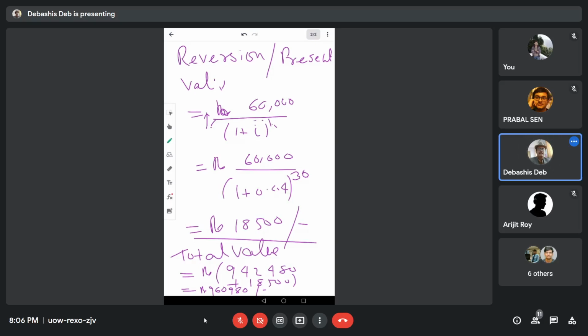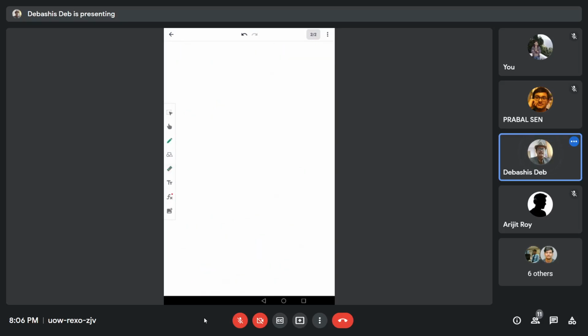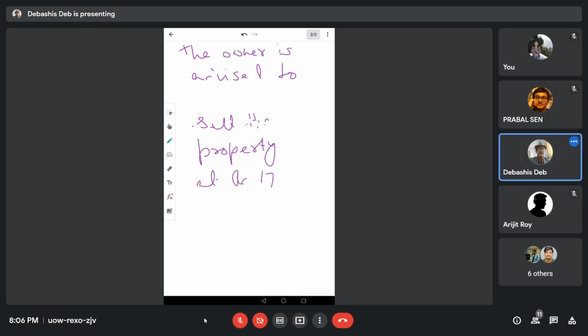So definitely the valuer should advise the owner to sell the property at rupees 17 lakhs, which is offered to him, because if he sells, he will be the gainer.